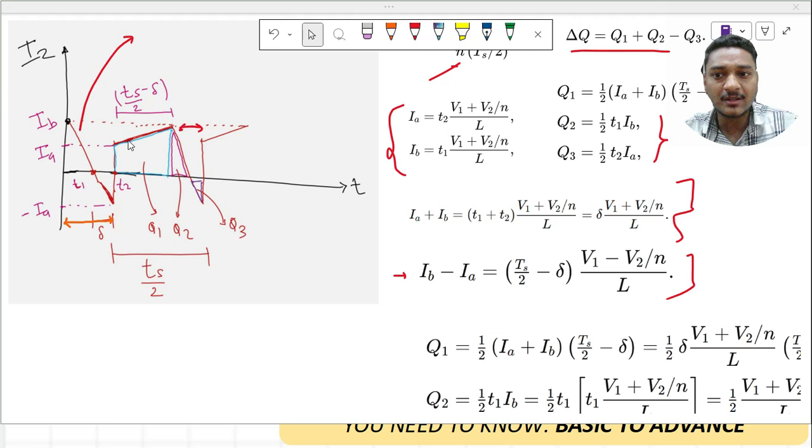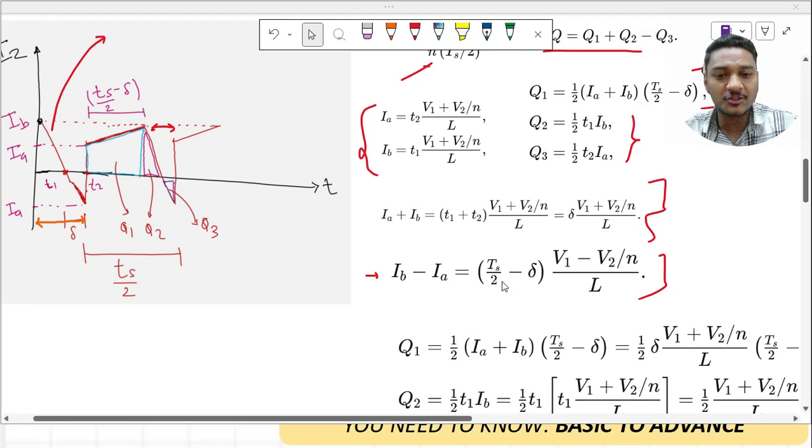If I write Ia minus Ib, it is Ts by 2 minus del multiplied by (V1 plus V2 by N) divided by L, but I need Ib minus Ia, so that is why this minus sign came. This is how we wrote the Ib minus Ia expression, and the rest is purely maths, which we have already seen in the previous video.